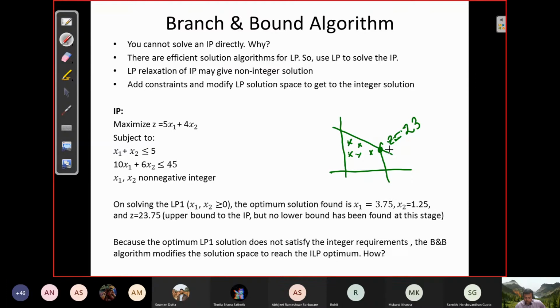So we know that the feasible integer solution as well as the optimal one will lie either inside or on the constraint boundaries. But all of them are inferior to this LP solution because we are maximizing, so this maximum value, 23.75, is why it gives you an upper bound to the integer programming problem, right?